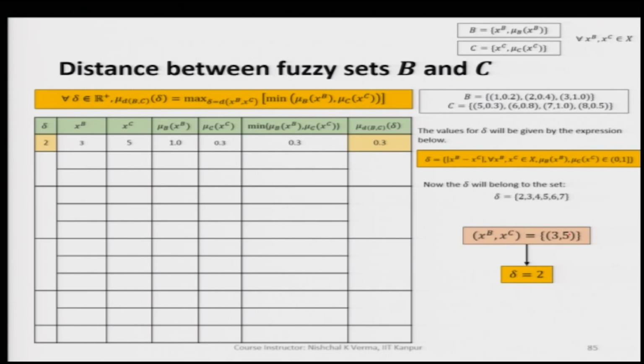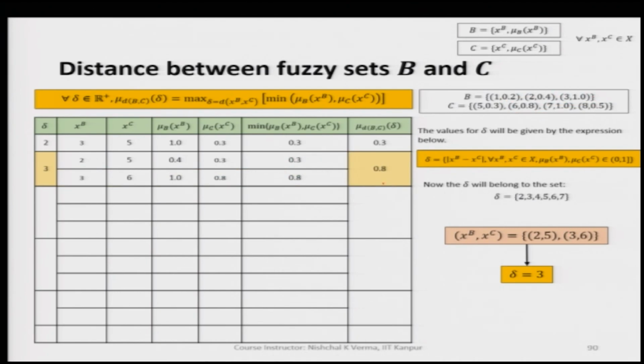Now let us find all these entries for delta equal to 3. You can follow the same procedure for finding all these entries, and when you take the max of these min values, you get 0.8 for delta equal to 3.